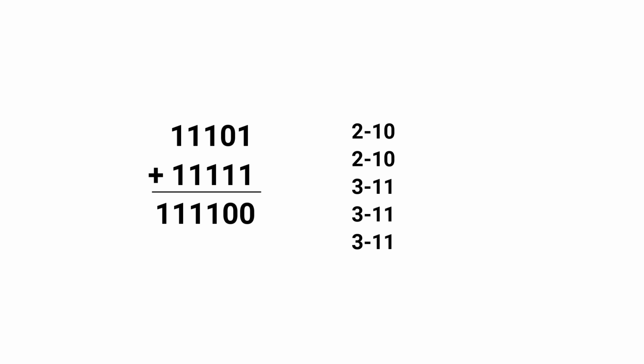Now, in another number of left side, numbers are 1 and 1 and 1. After adding these three we get 3 in decimal, but we have to write it in binary, that is 11. So, we have to write here 1 and 1 is in the carry of another number.